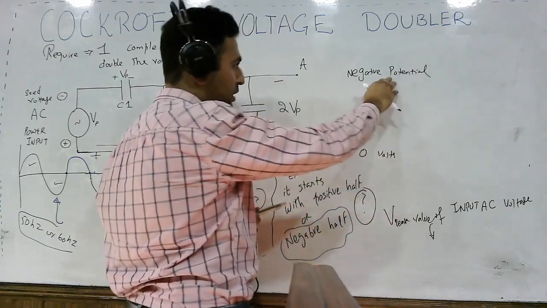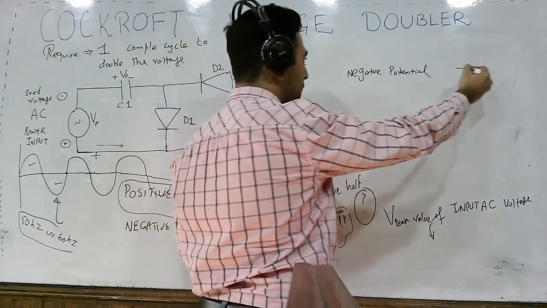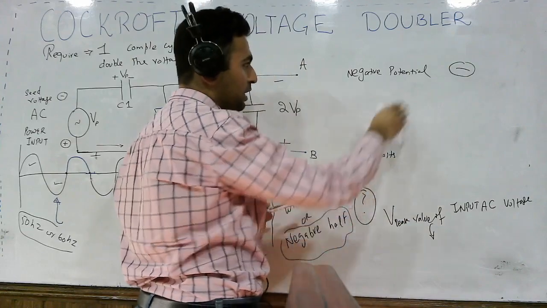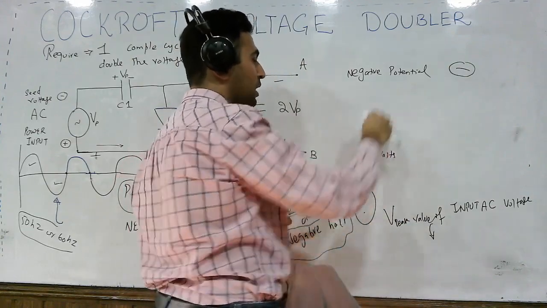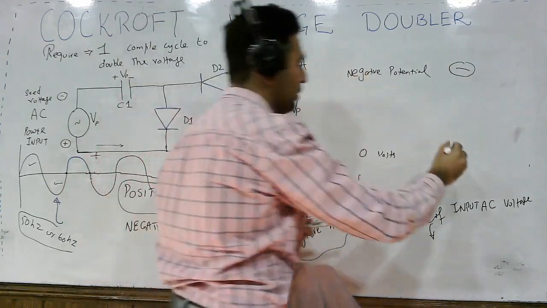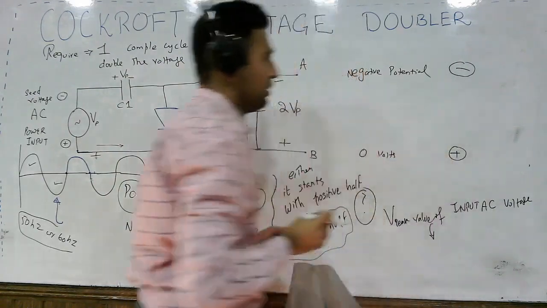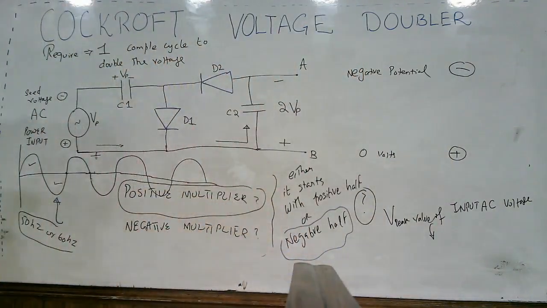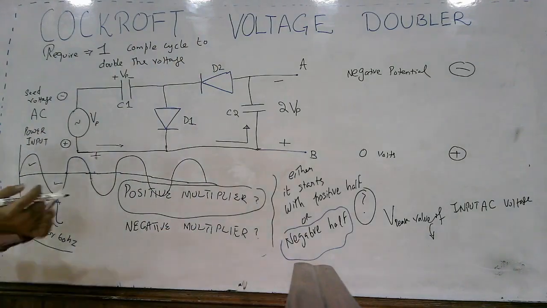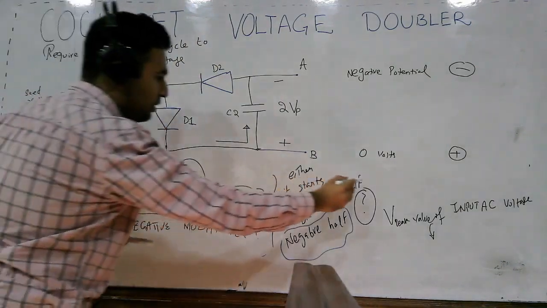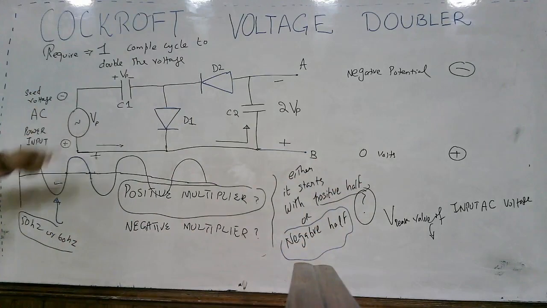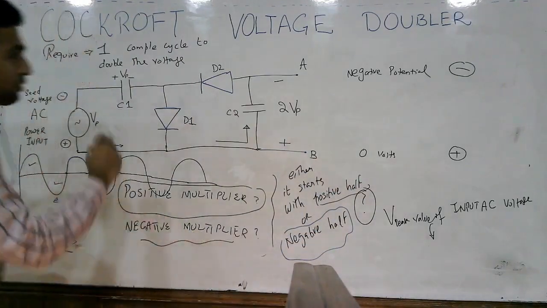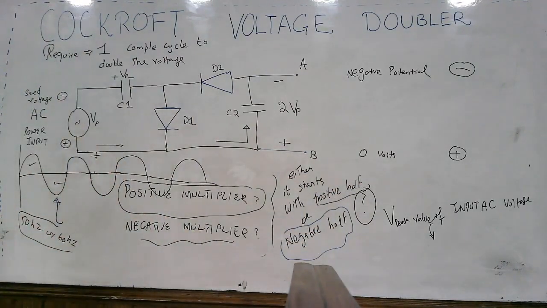When there is an excess of electrons, you say this is the negative charge, and here is the deficiency of electrons as compared to the other point, so we'll say this is the positive polarity. So this circuit started with the positive half, and this is the negative Cockcroft voltage multiplier.